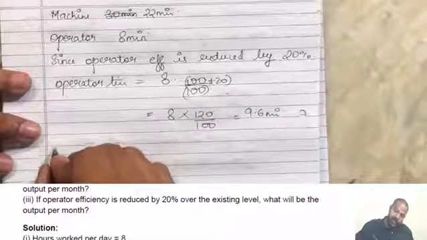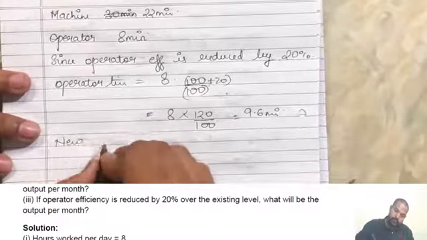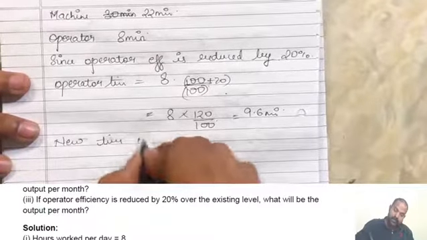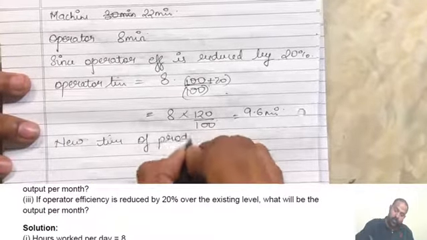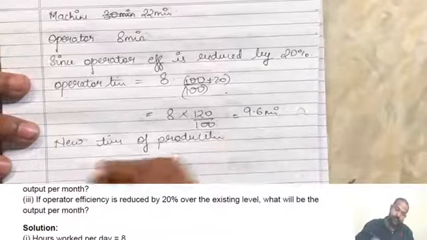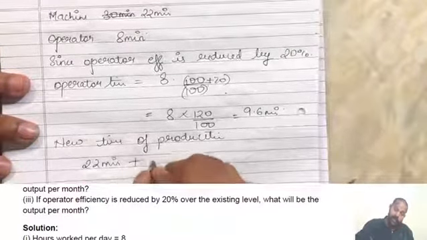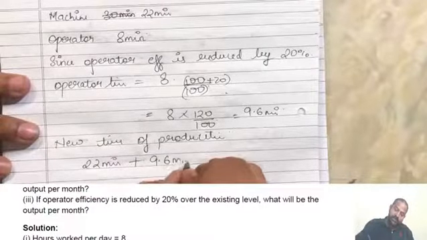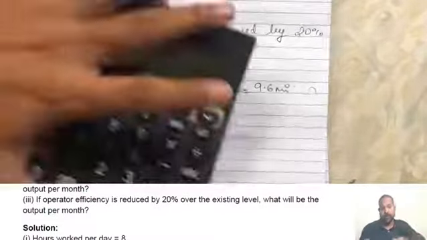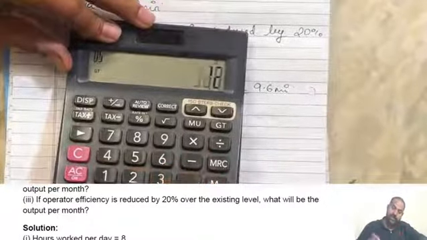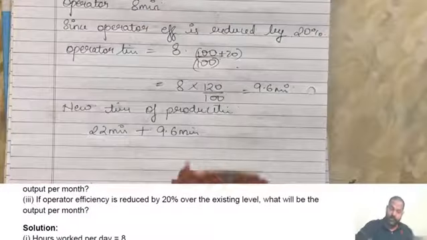So I will say the new time of production is 22 minutes on the machine, and 9.6 minutes on the man. So 22 plus 9.6 is a total of 31.6 minutes.